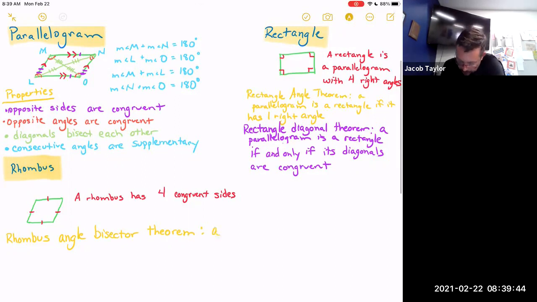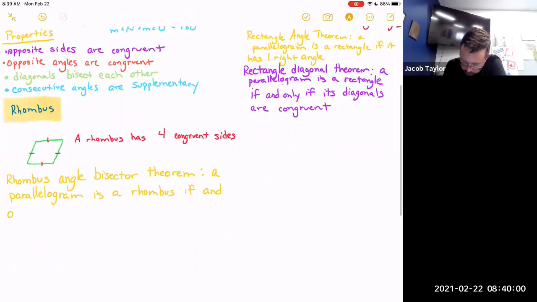So a parallelogram is a rhombus if and only if each of its diagonals bisects two of its angles.